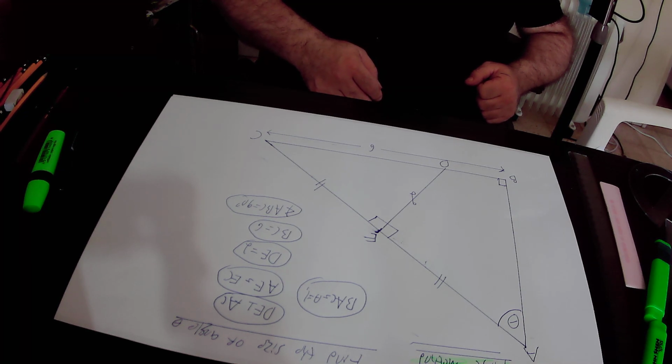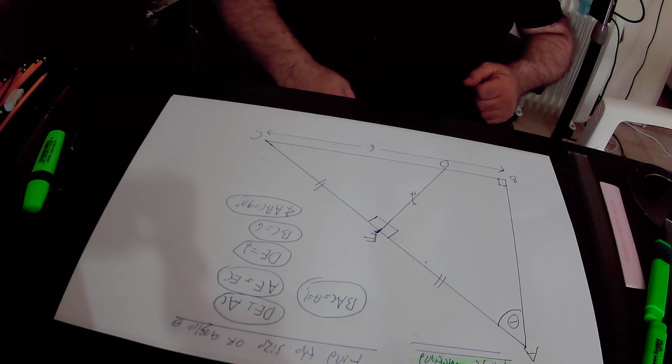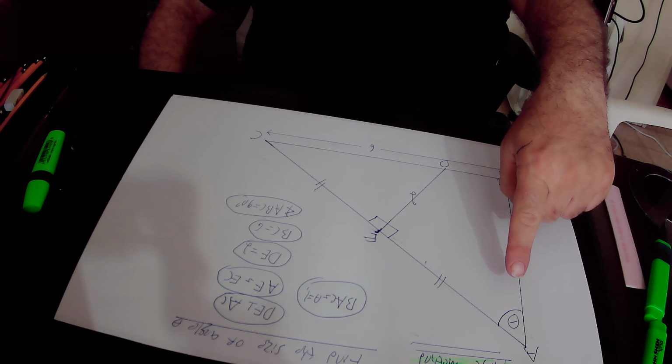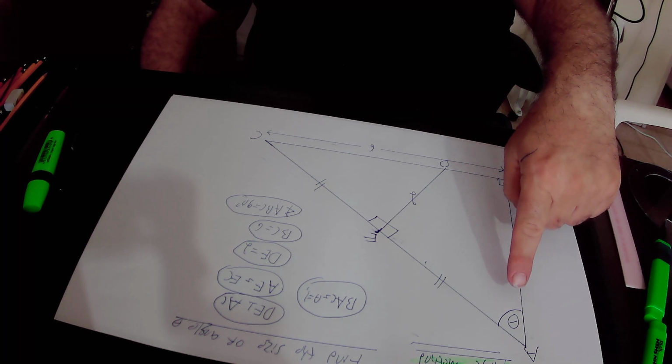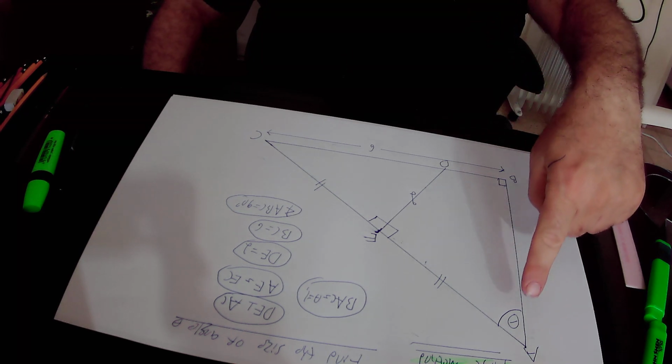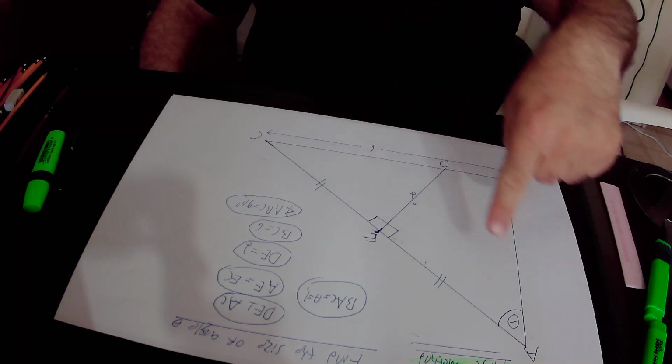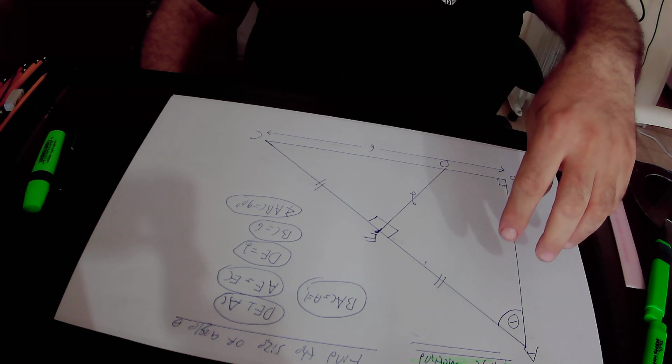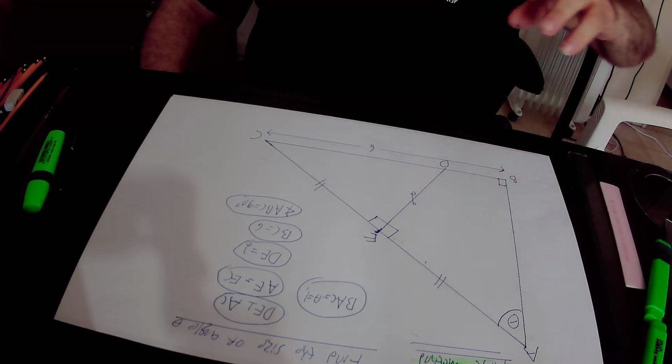And we want to find out the size of this angle theta, which is also angle BAC. Angle BAC equals theta.